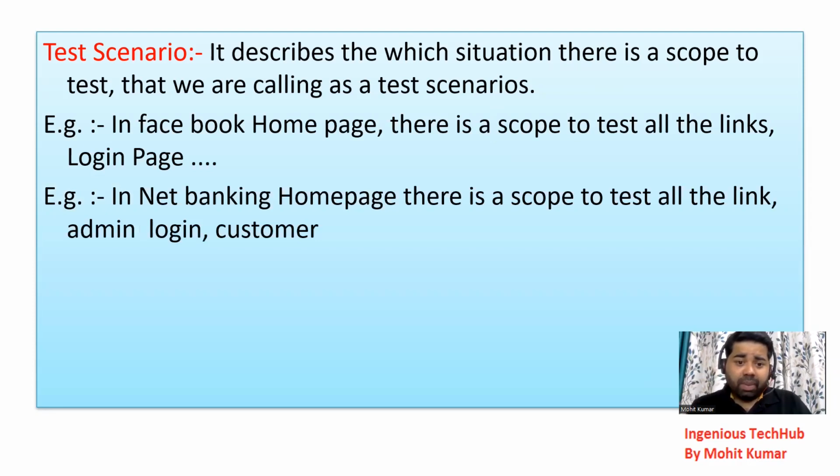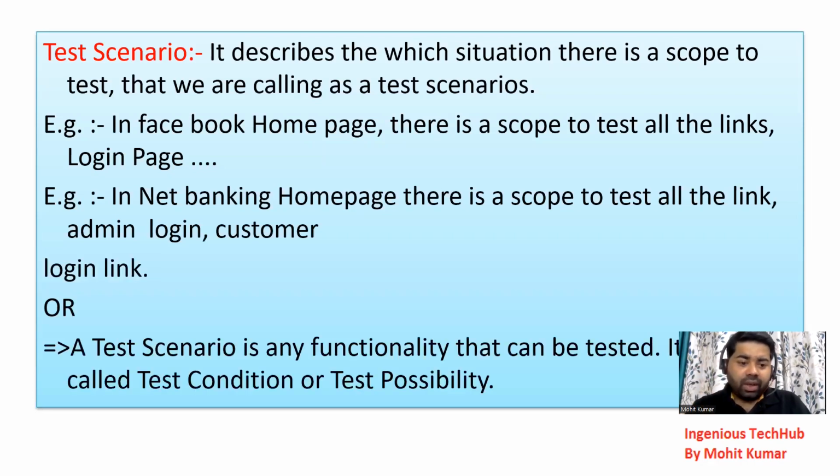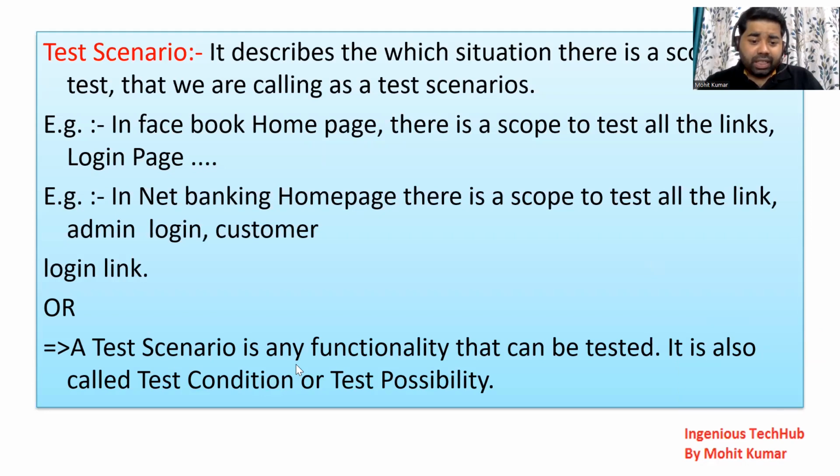Like in an internet banking homepage there is a scope to test all the links, admin login and customer login links. Okay, so now we can also define it in another way. A test scenario is any functionality that can be tested. It is also called a test condition or test possibility.